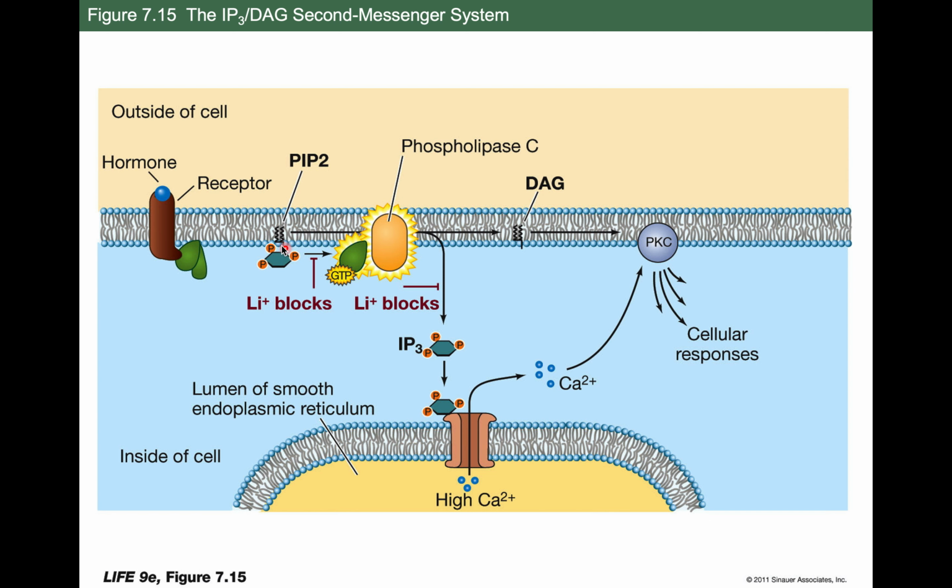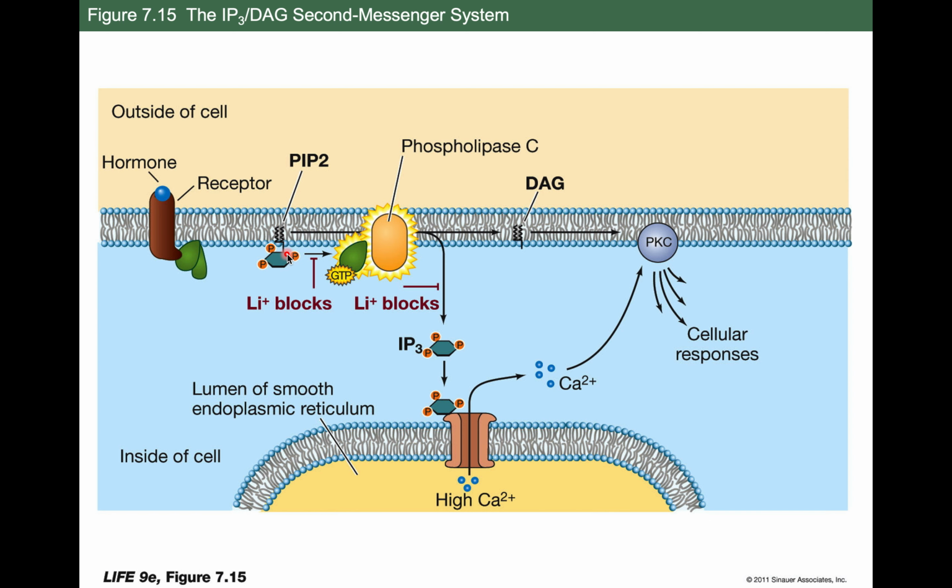So here's PIP2, and you can see it's this membrane-bound molecule. There's a portion of the PIP2 molecule that's hanging off in the cytoplasm, and then there's a portion that's actually embedded in the membrane. And so both of the second messengers we're talking about here, DAG, which is up here, and IP3, down here, are basically just produced by splitting PIP2 in half.